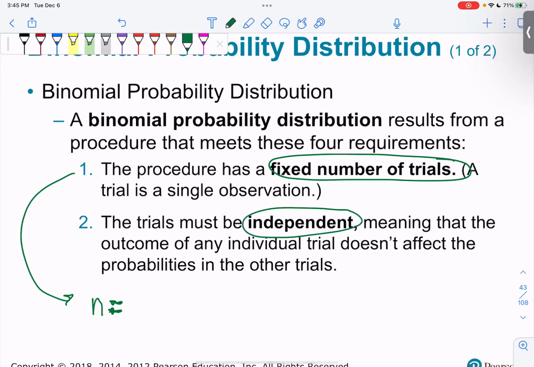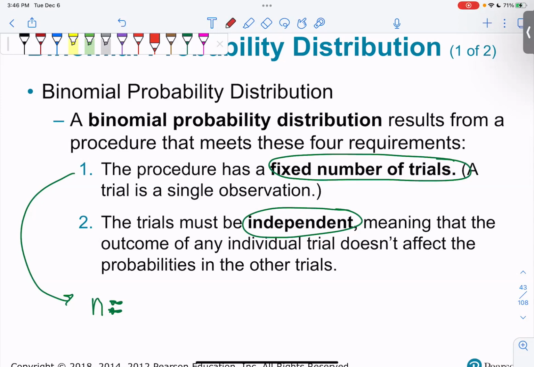Second, the tries must be independent from each other. So the second trial, for example, will not be affected by the first one.